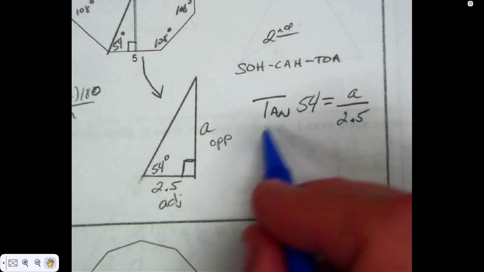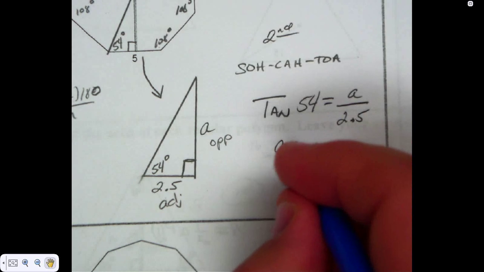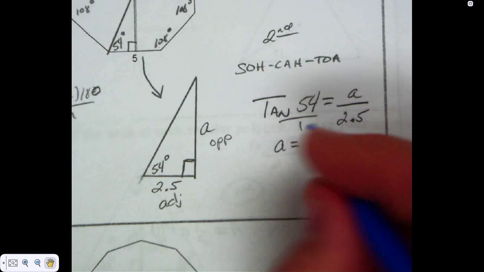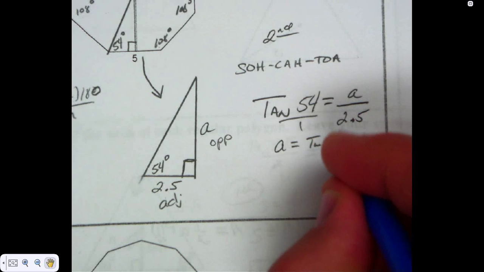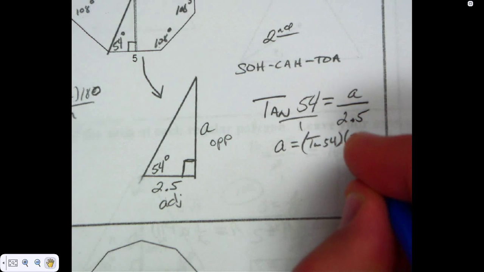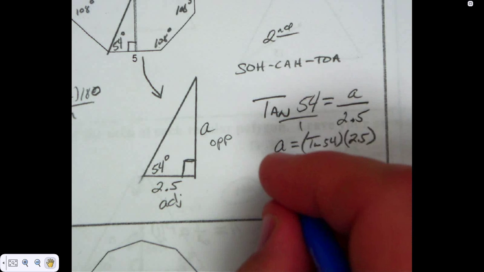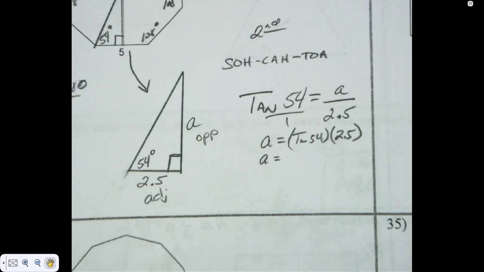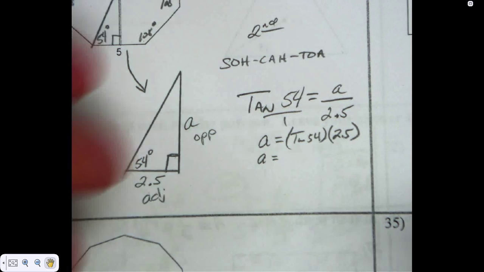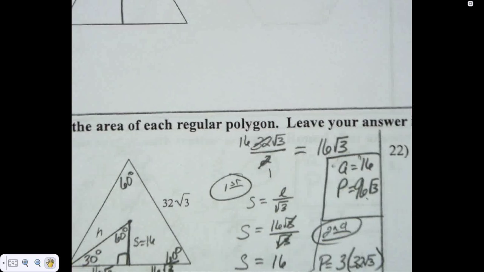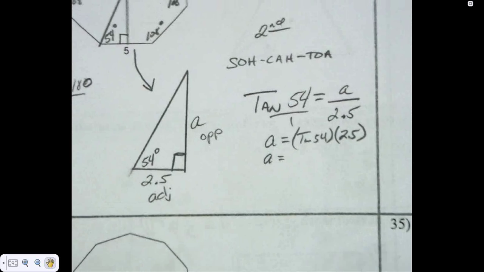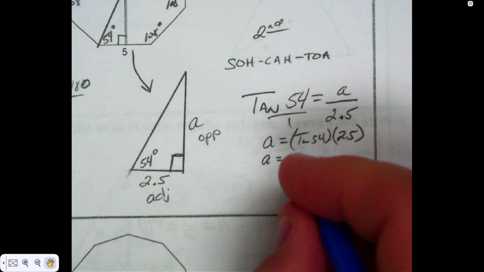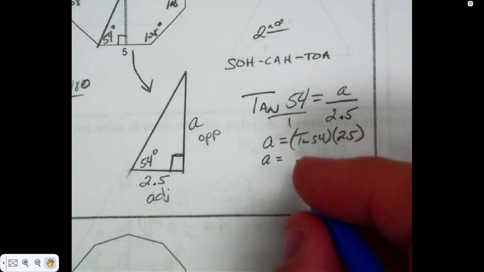So what happens here? A is equal to whatever you get. Let's see, we're going to cross multiply. It's tangent 54 times 2.5, right? What do you get your apothem to be? But what do they want us to do? Round to the nearest tenth here? Yep. So let's take it to about 4 decimal places. What do you get? Tangent of 54 times 2.5.